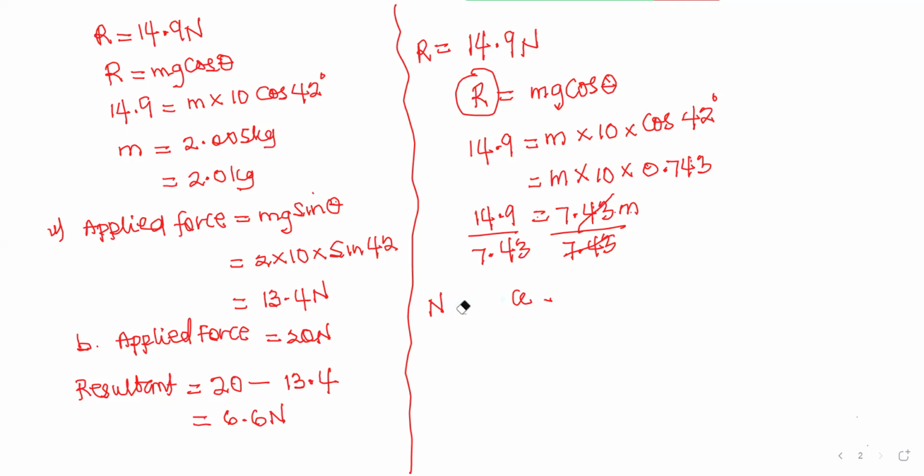So follow and give me the value of m. Say 2.005. So that's the value of the mass. We rounded it up to the nearest whole number, so it's 2.0 kilogram. That's how we got the mass.